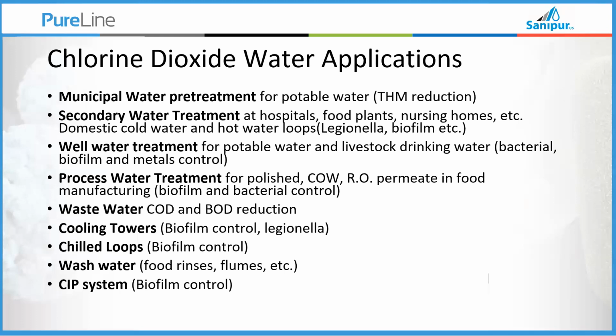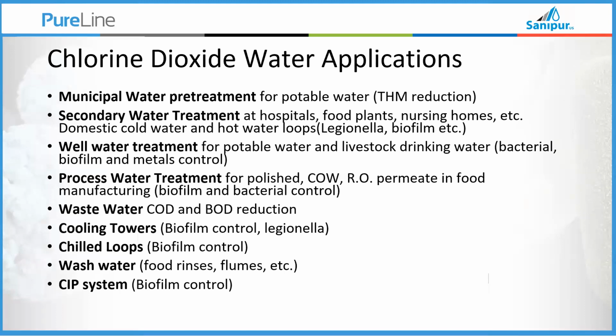Past that primary treatment, it's again used in secondary water treatments in nursing homes, food plants, anywhere where those really persistent pathogens and things that can enter the water system through leaks and disturbances find their way into facilities. It's used in secondary water treatment to make sure those cannot thrive and grow in those systems.